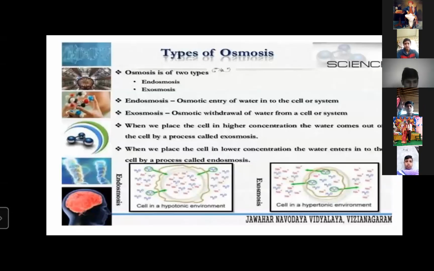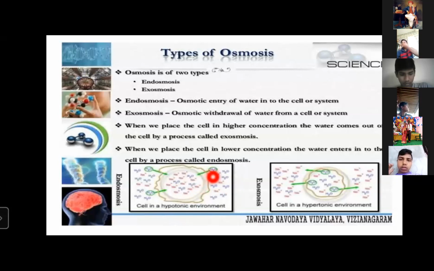When we place the cell in lower concentration, the water enters into the cell by a process called endosmosis. This is endosmosis, when the water molecules enter into the cell. H2O is the water molecule.